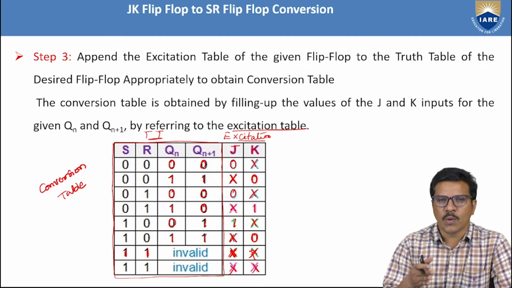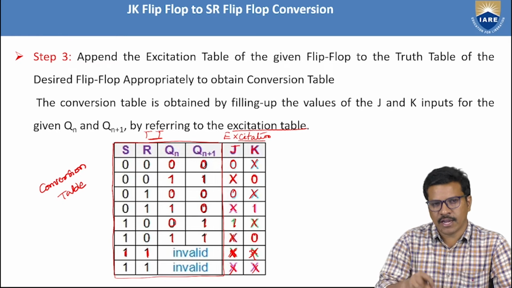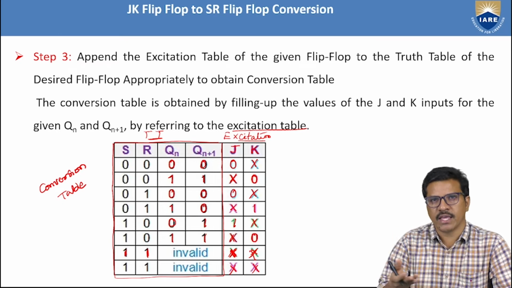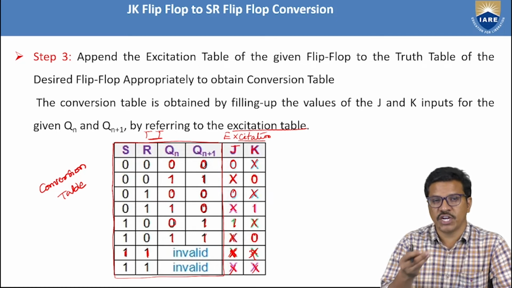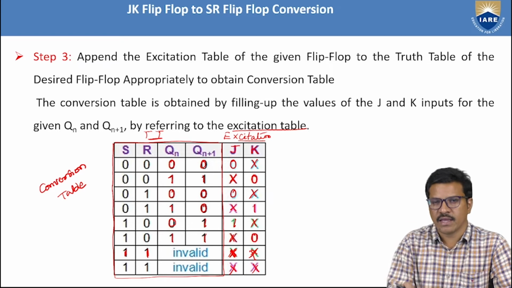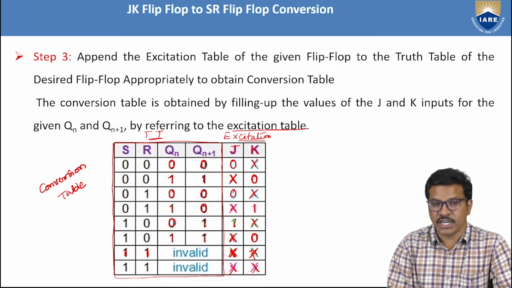What are the required inputs to J and what are the required inputs to K to get the SR flip-flop? What are the required connections to the J input? In order to get that, we will take the K map for J and the K map for K.